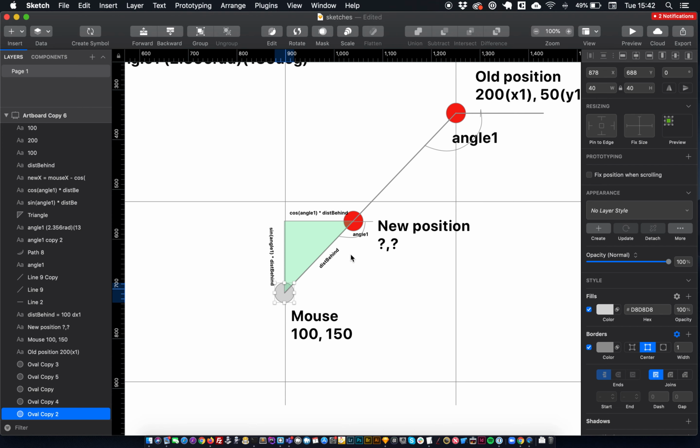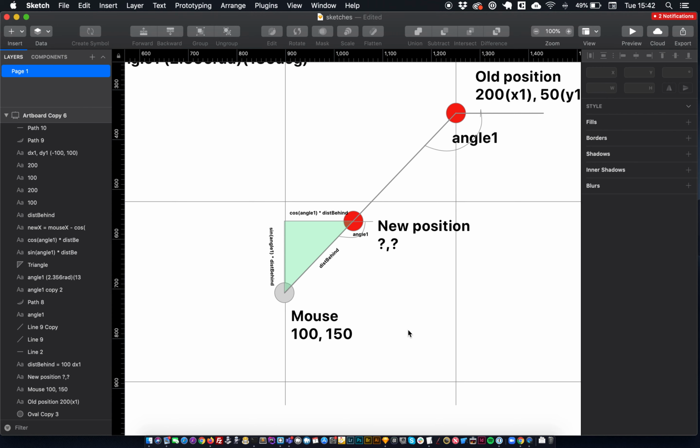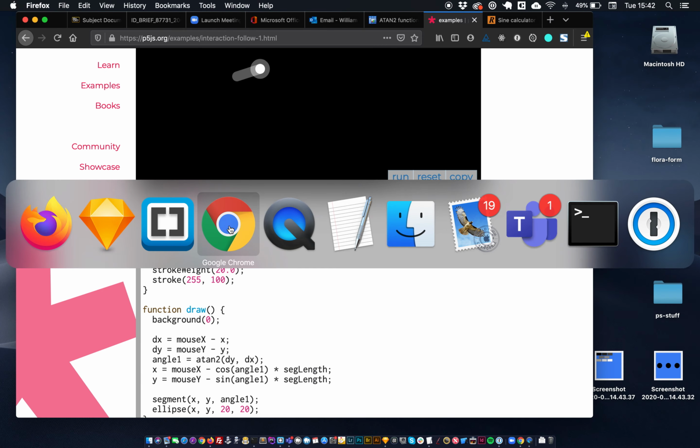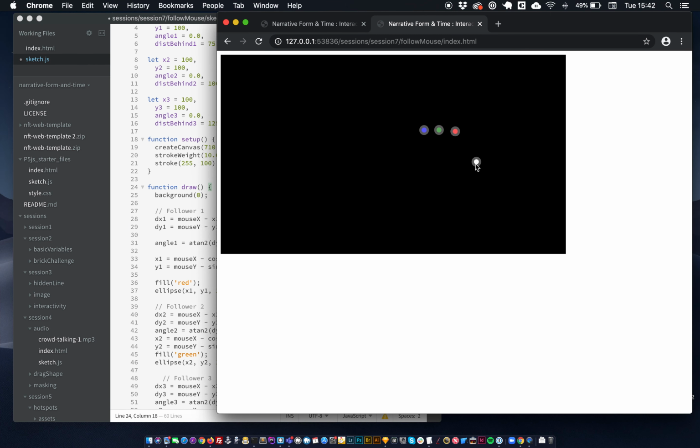So that angle will change. And then when you push back on it, it's the same thing. The angle will stay the same, but it'll just push this up out of the way if your mouse moves like this. And you can see that that is what's happening. Somewhere here. Okay, so there we go.